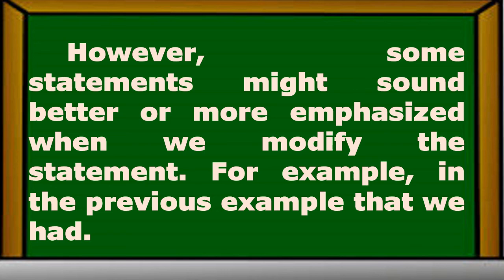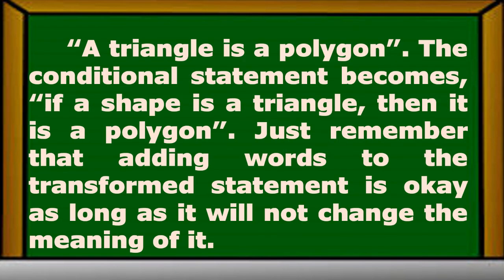However, some statements might sound better or more emphasized when we modify the statement. For example, in the previous example that we had, a triangle is a polygon. The conditional statement becomes, if a shape is a triangle, then it is a polygon.